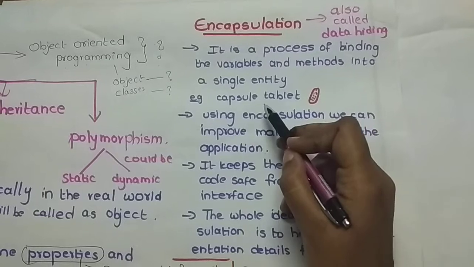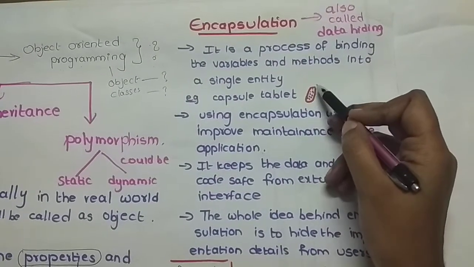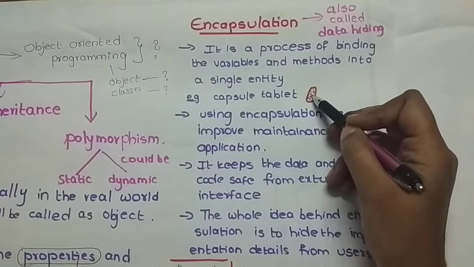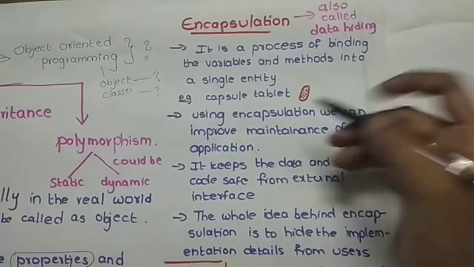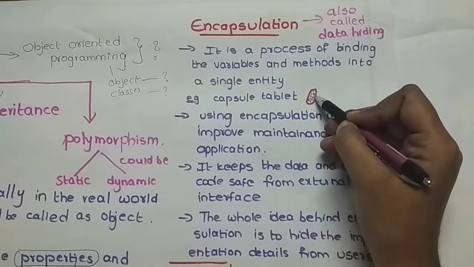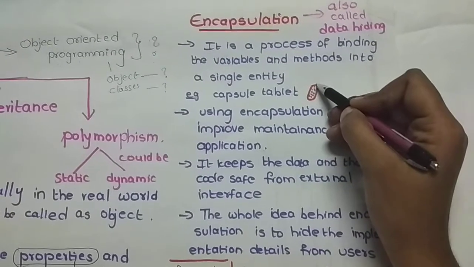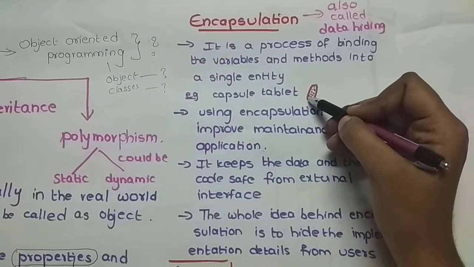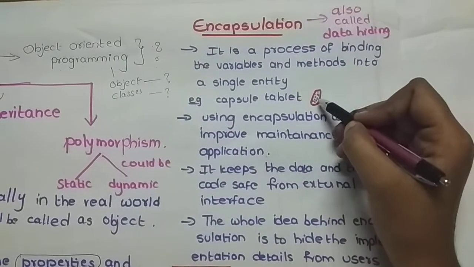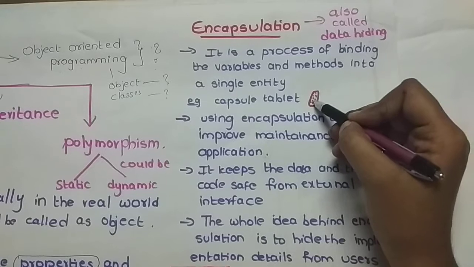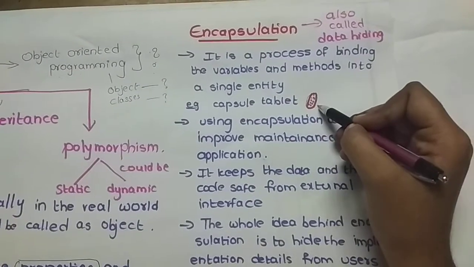If we take a capsule tablet as an example, inside this tablet we can observe many smaller granules, all covered by an outer entity. So it is called encapsulation, the process of binding the variables and methods into a single entity.